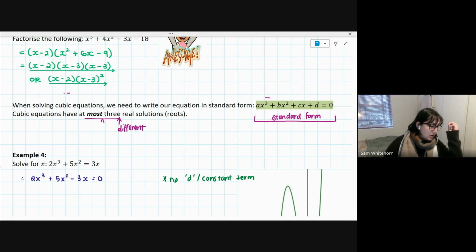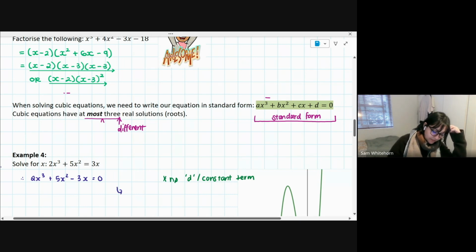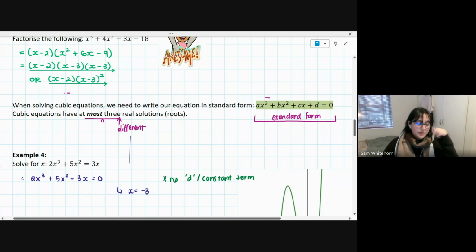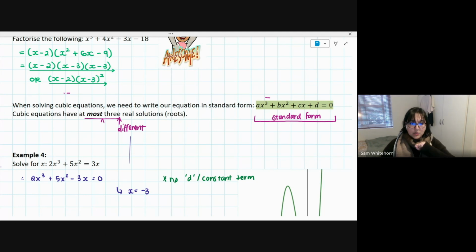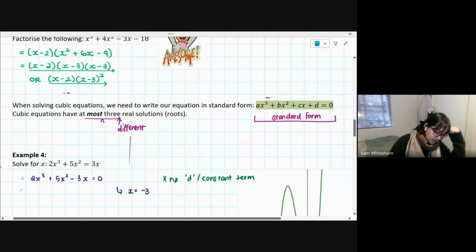And we get a factor that x will be equal to -3. So this was a bit of a nasty one because you have to do quite a few steps. But you get that if you substitute a -3 into your equation, you get it equal to 0. So our first factor that we get is x plus 3.